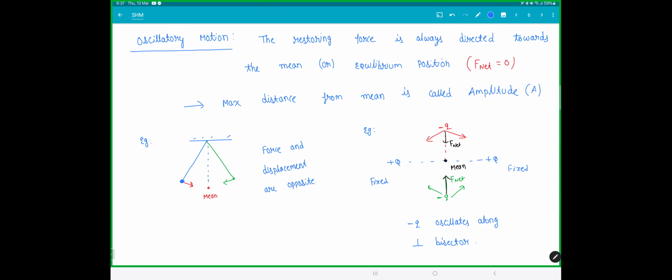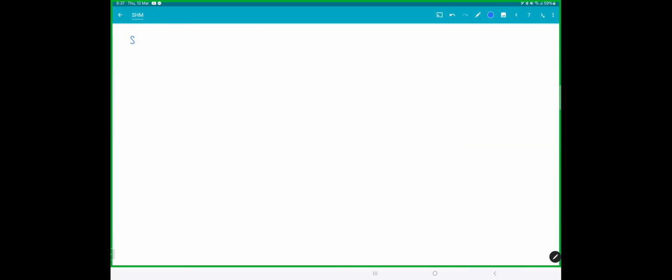So now from oscillatory, we go a step further. We get SHM, simple harmonic motion. So how do we define this? If restoring force, so it kind of looks like oscillatory.